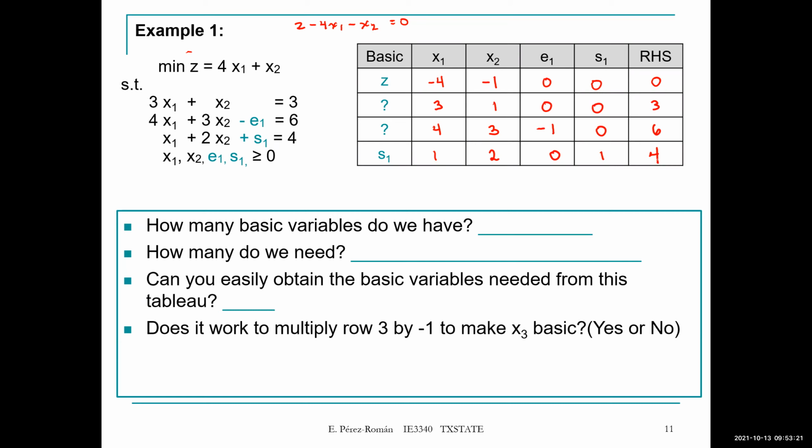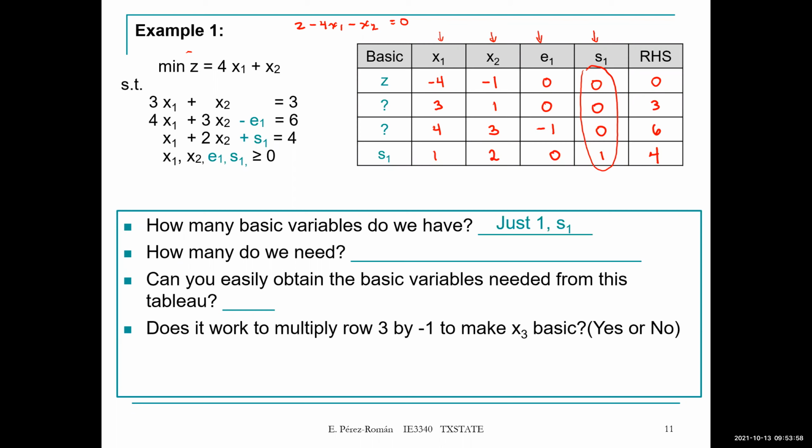If you look at these 5 columns, the only ones that belong to the variables are these 4. The only one that has a format similar to the identity matrix is this one. The rest of them are not set up in that way. So at this point, the only decision variable that is a basic variable based on the initial Tableau is going to be S1.